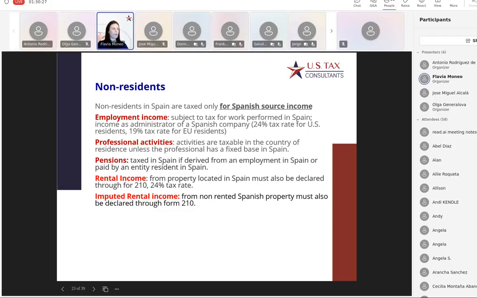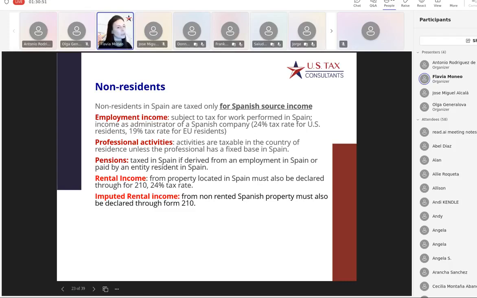And the other Spanish source of income that people usually have is rental income. A lot of people have a house here in Spain. If you are renting the house as a non-resident, you have to file the 210, declaring the rental income, and you will be taxed at a 24% tax rate.